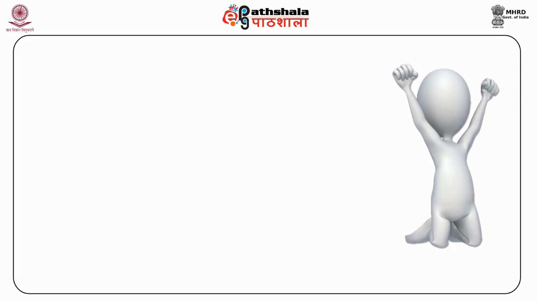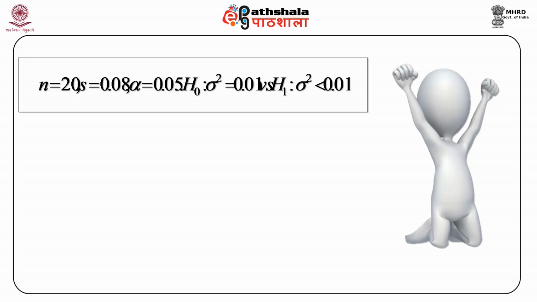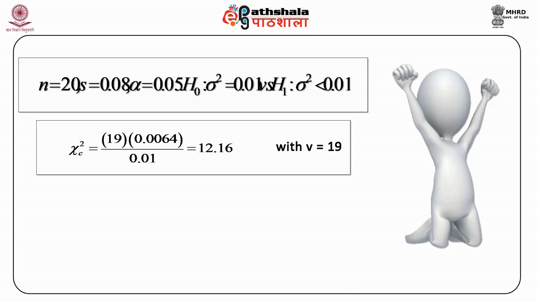The test for standard deviation is performed as a test for variance. Given that n is equal to 20, s is equal to 0.08, alpha equal to 0.05, the null hypothesis is sigma squared equal to 0.01 versus the alternative H1 that sigma squared is less than 0.01. We obtain the chi-squared calculated value as 19 times 0.0064 divided by 0.01, which is equal to 12.16 with degrees of freedom nu equal to 19.